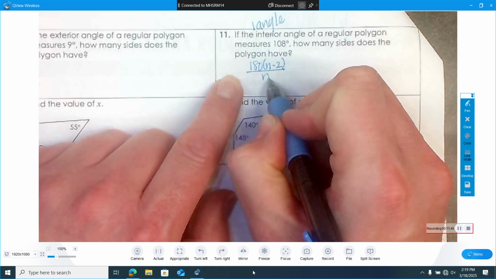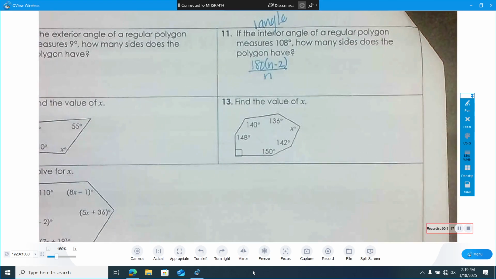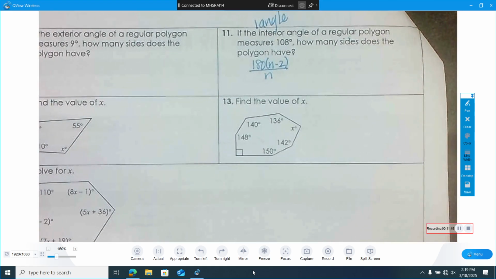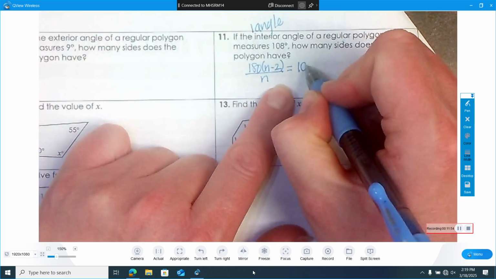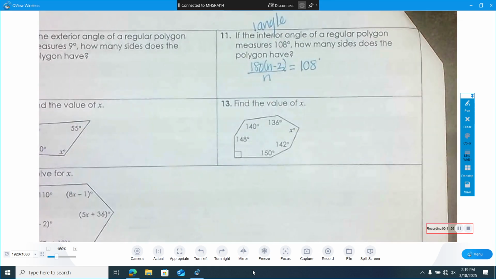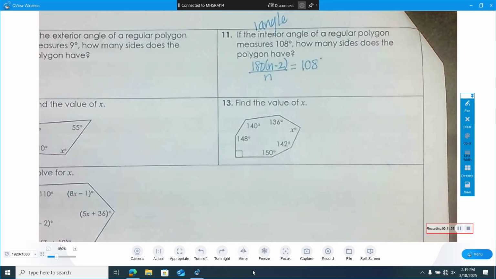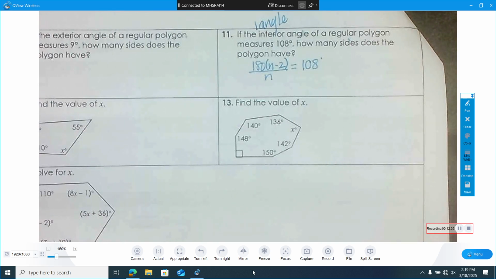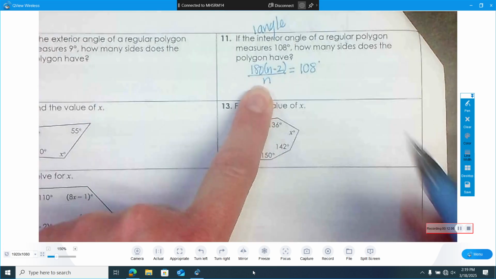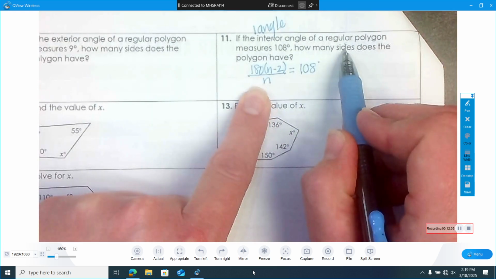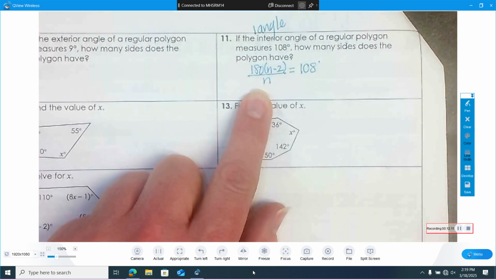Each one, I'd have to divide by the number of sides, and that means each angle is going to be 108 degrees. So this is not the giant total number. This is an individual angle, so that is divided by the number of sides. And again, we want to know how many sides. So our job is, again, to solve for n.